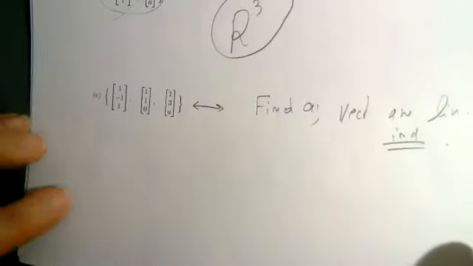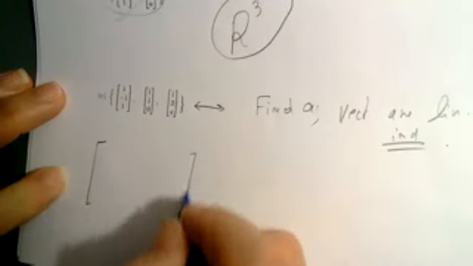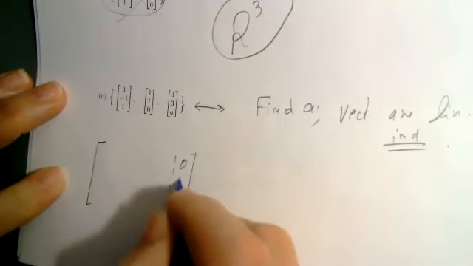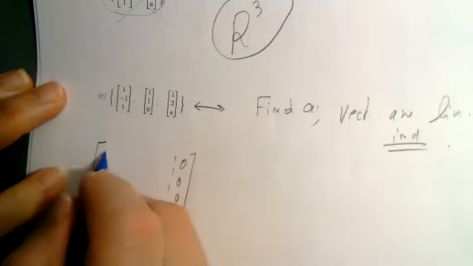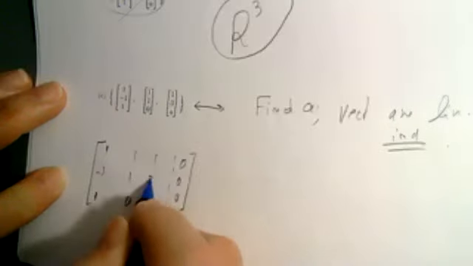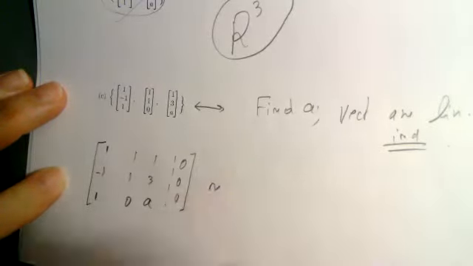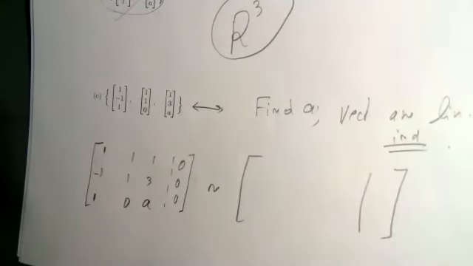How do we find this? Again, we solve the homogeneous system, equal to 0, 0, 0. This is 1, minus 1, 1, 1, 1, 0, 1, 3a. We solve it, and then ask ourselves which A will give linear independence.